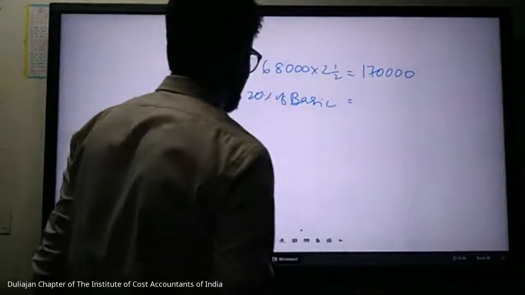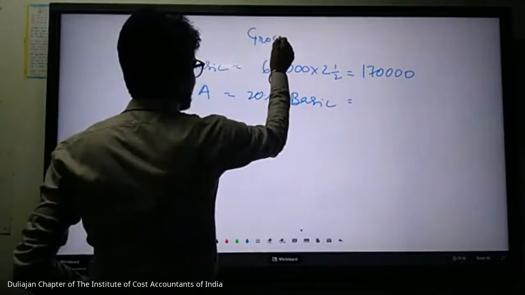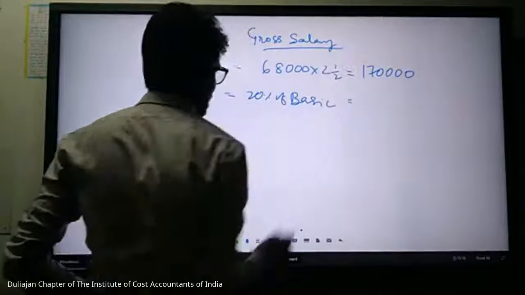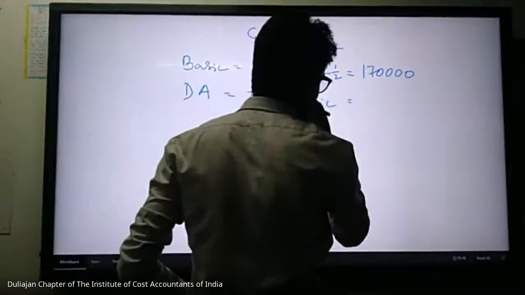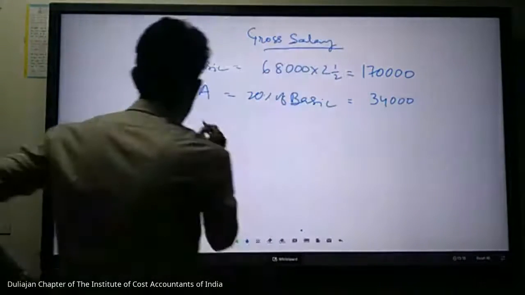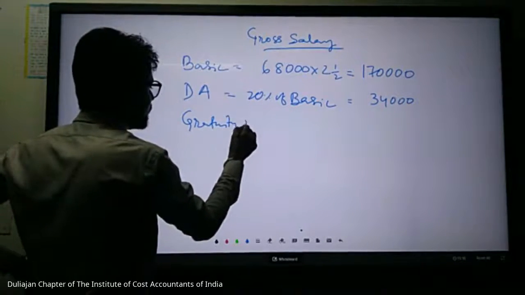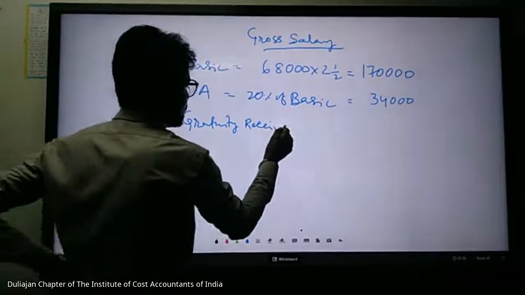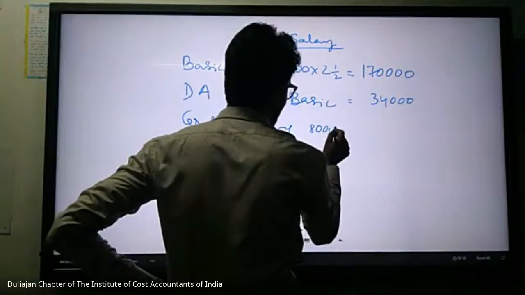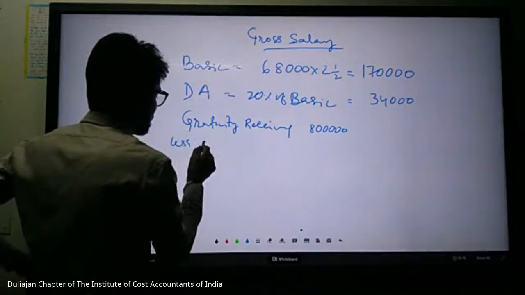Okay, fine. So I'm calculating the gross salary that will be taxable. My basic is this much, and my DA is 20%. 20% is 34,000, and my gratuity received is how much? 8 lakh, and less exemption.